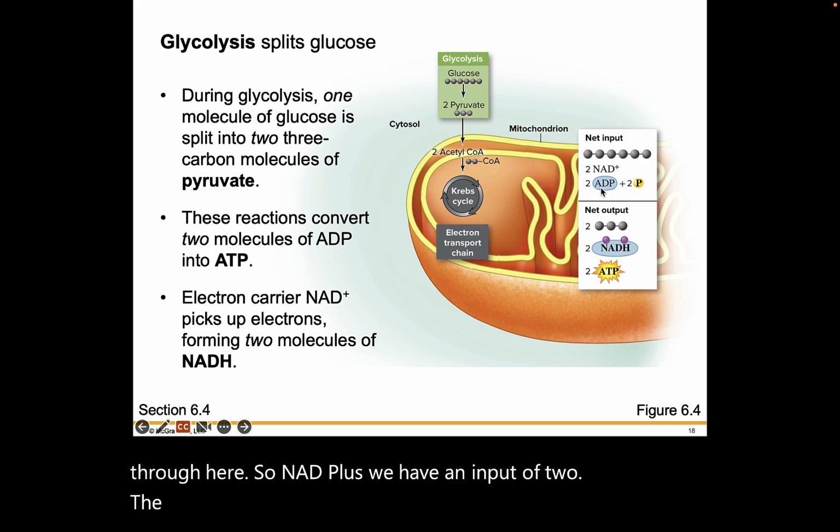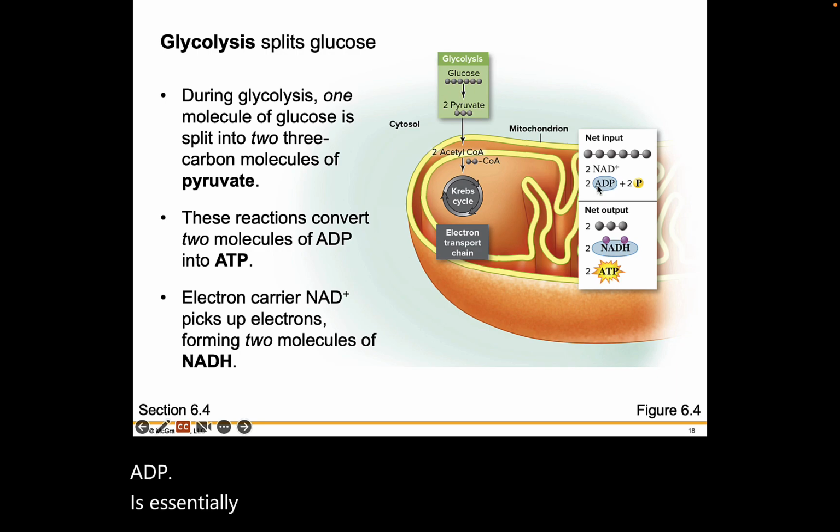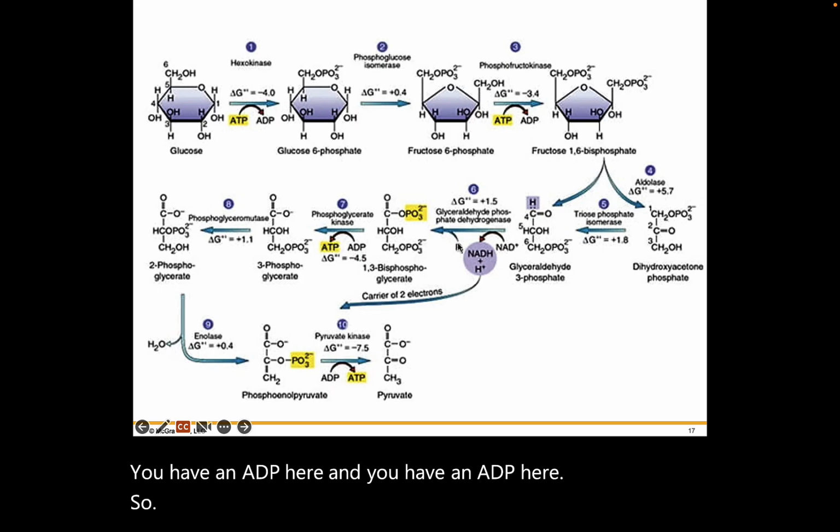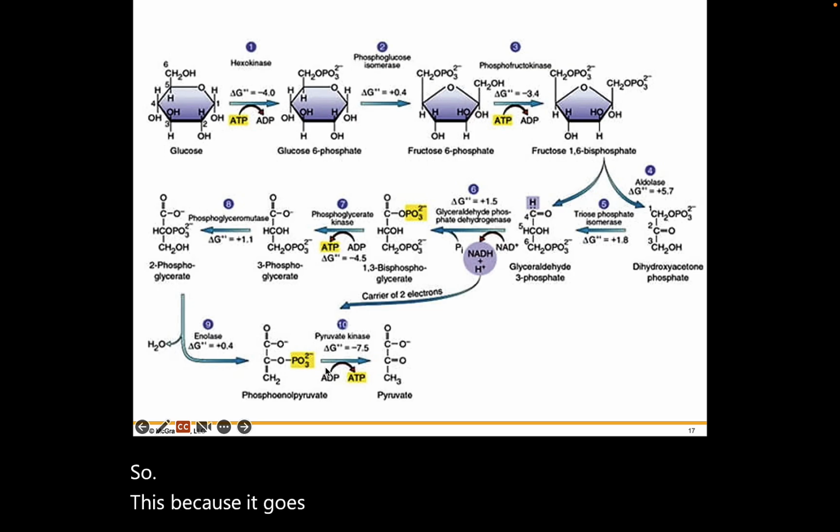The input of ADP is essentially 2. Why? Well, you have an ADP here and you have an ATP here. So this, because it goes through twice, is 4. So you actually bring in 4 ADP.